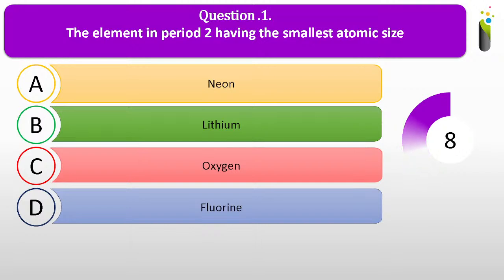So tell me which is the element in period 2 having the smallest atomic size.